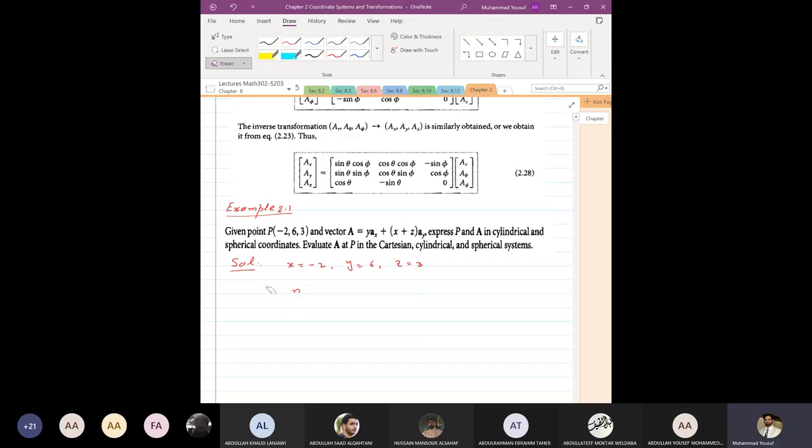Oh, I should use black. To convert to cylindrical coordinates.